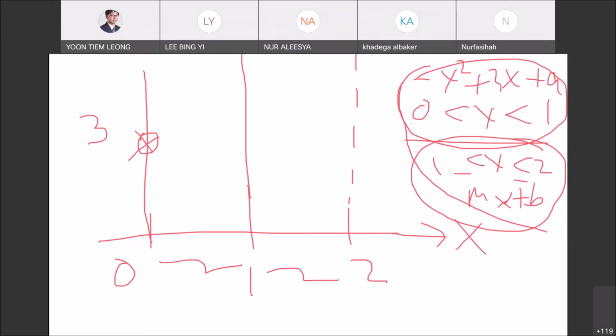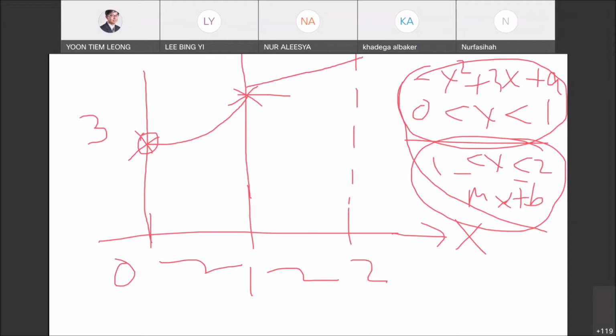So a parabola between 0 and 1 should be like this. Like this is a function of a parabola, ax squared plus bx plus c, and when x crosses 1, the function will become a straight line. So the function becomes a straight line, which is mx plus b. So it should be like this. So this is one way of imagining the function.